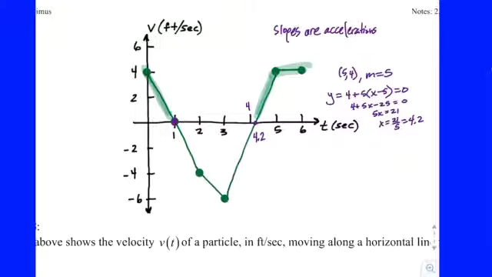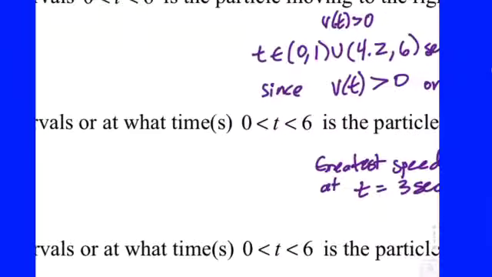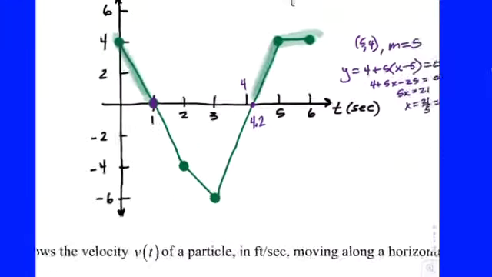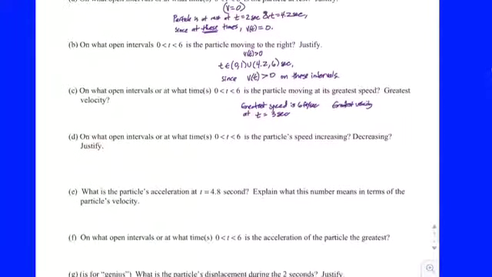So where does that happen? Initially, it's 4, and from 5 to 6, it's also 4. So we have more than one time. Now it does say on the open intervals, so that excludes the starting position, and it excludes the ending position, right? So it would just be from 5 to 6, based upon what it says.